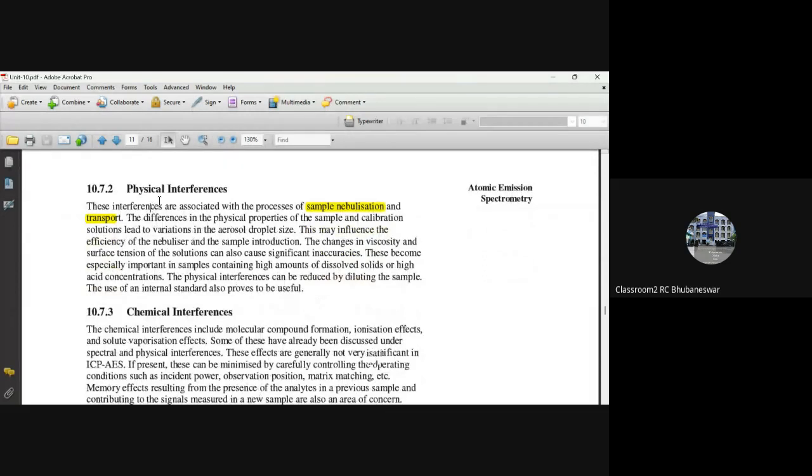So physical interference, apart from the spectral interference, is associated with the process of sample nebulization and transport.